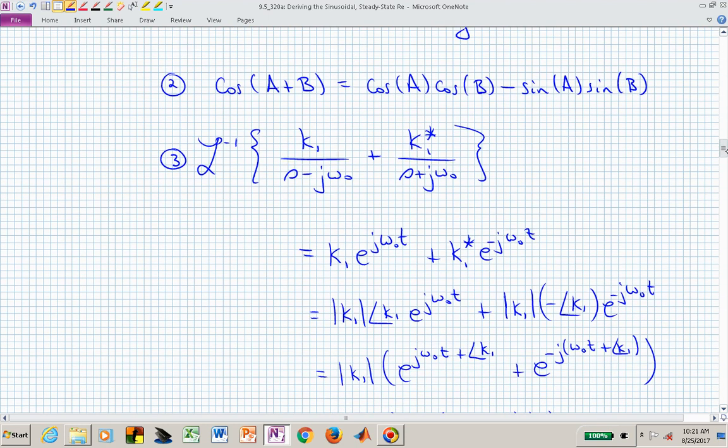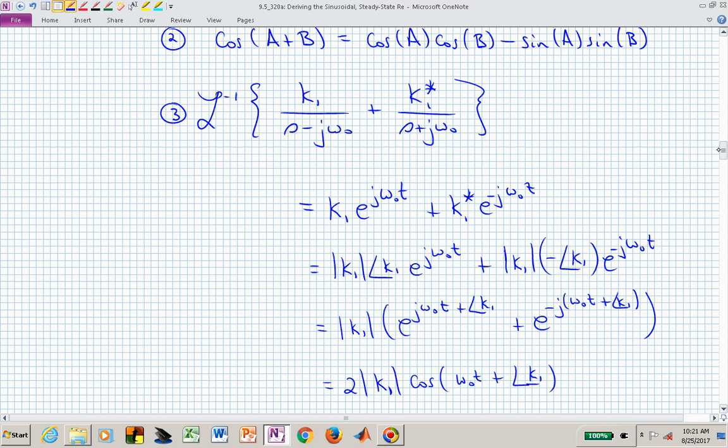And here I've simply re-derived where that inverse Laplace transform comes from, where you see K1 as a complex number over S minus j omega naught.